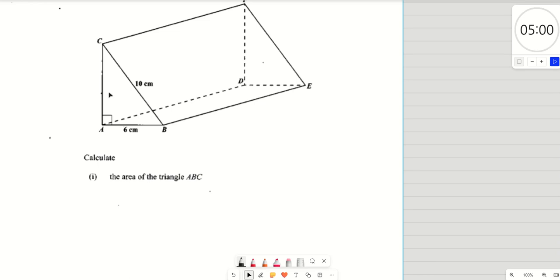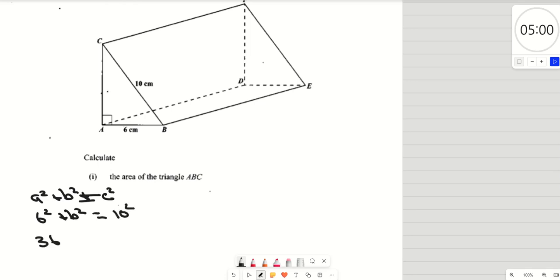Immediately they said it's a right angle triangle, so you think about Pythagoras theorem, which is a squared plus b squared is equal to c squared, where c is your hypotenuse. Your hypotenuse is the side opposite your 90 degrees, which in this case is 10. So you could say 6 squared plus b squared is equal to 10 squared.